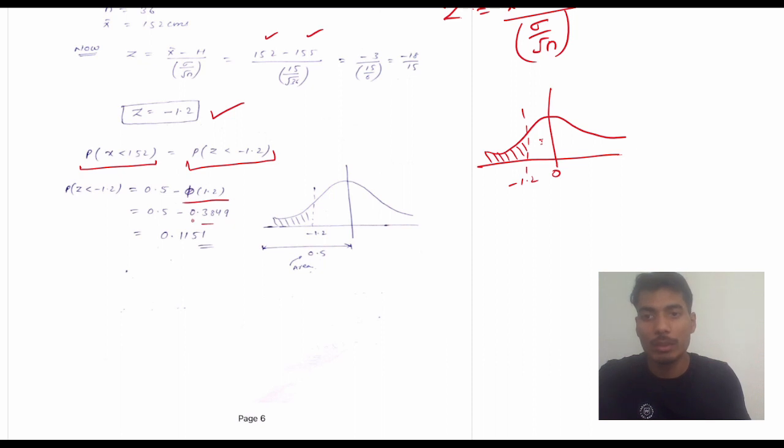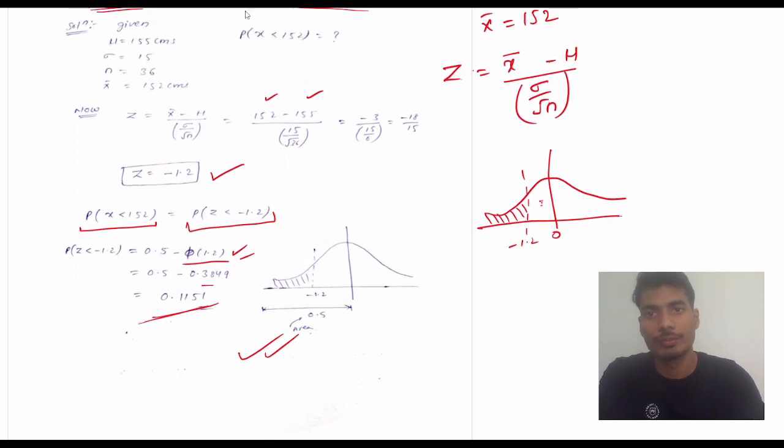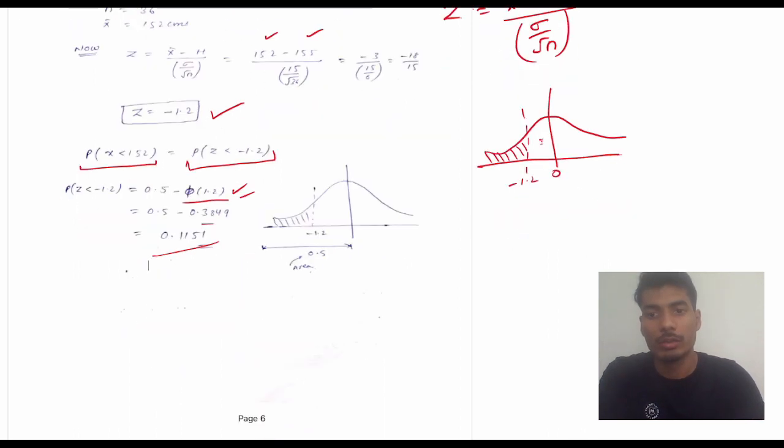So using the z table you can get this, or in the questions only they will give this value. So 0.5 minus 0.3849, if you do, then you can get 0.1151. Okay. Now we'll see another question.